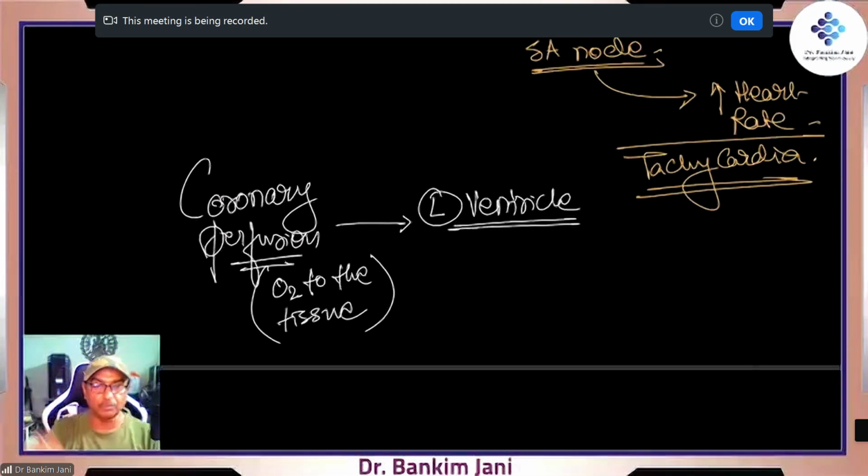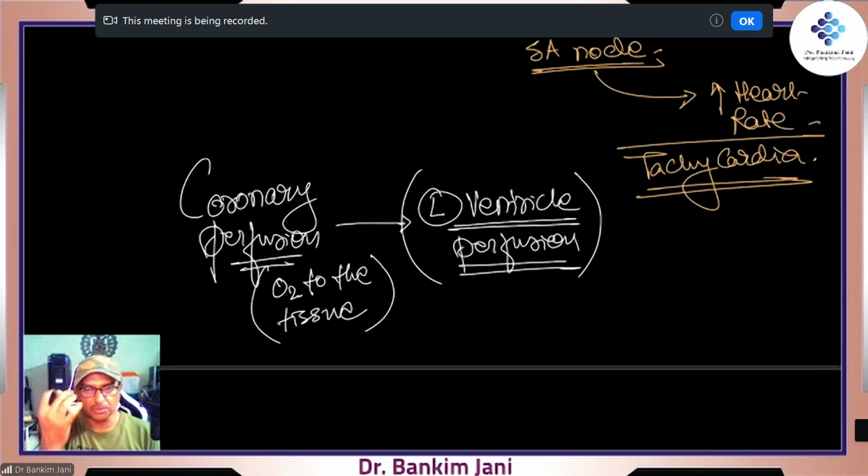That's more vital, more important. It is sending the blood to the rest of the body. So that's why left ventricular perfusion would be playing a critical role. So when we say coronary perfusion, we are dealing with left ventricular myocardial perfusion.